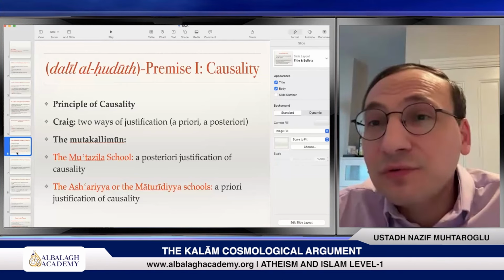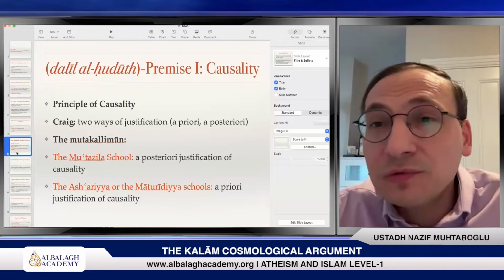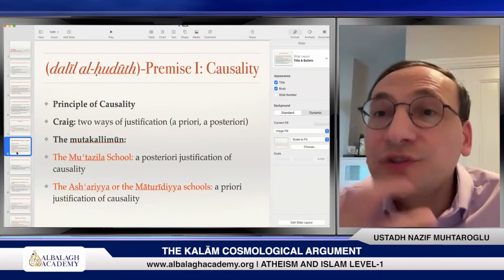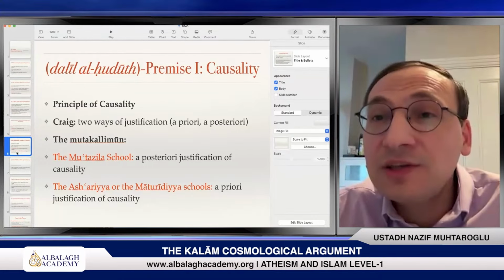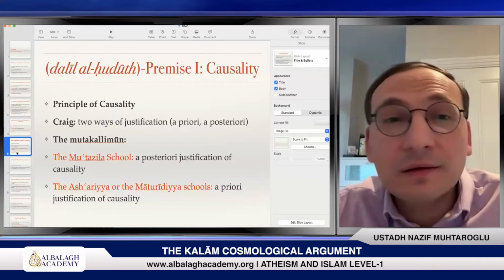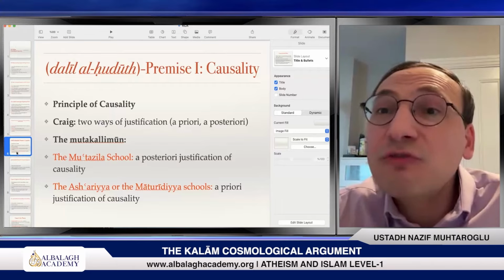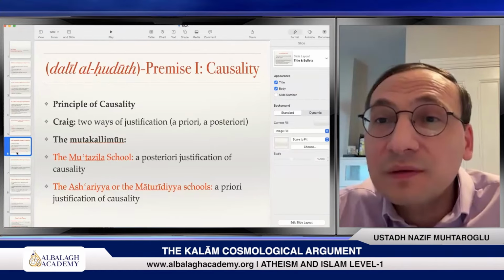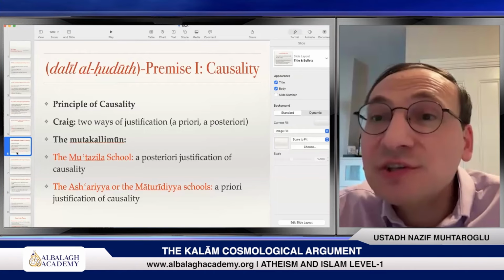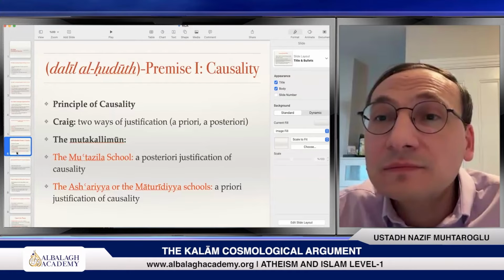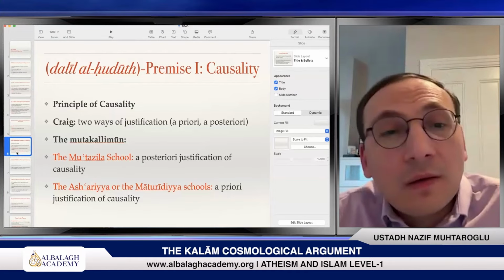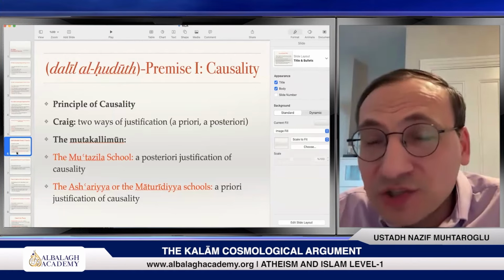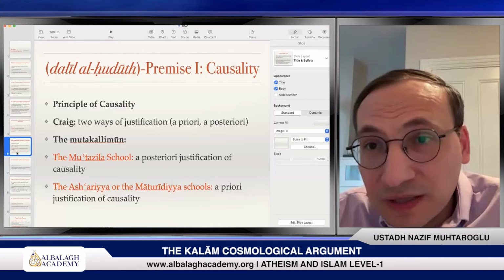So whenever you drink water when you are thirsty, you think water heals your thirst. It is the causality of water that makes some changes in your emotions. But the Mutakallimun are quite skeptical of such ascriptions of causality.